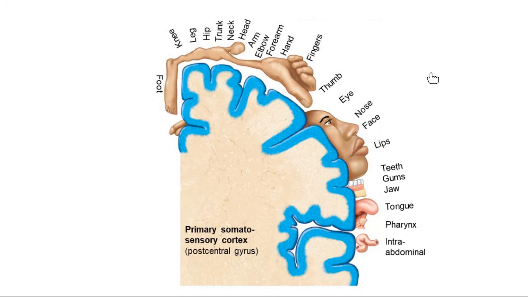It's very true. Yes. Notice that the fingers are so much bigger on this map than the toes are, meaning that the toes don't collect as much sensory information as the fingers do. The fingers collect a lot of sensory information.